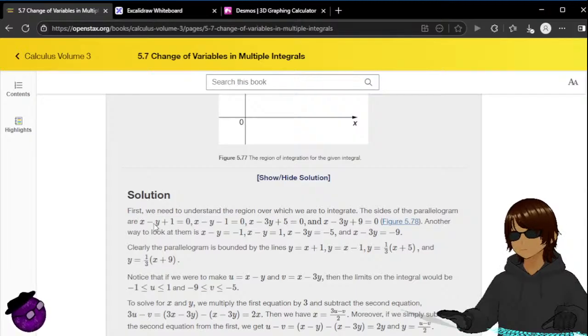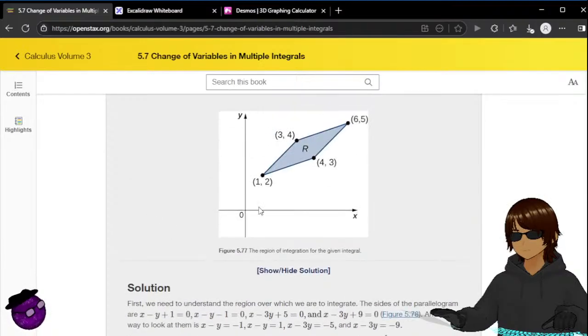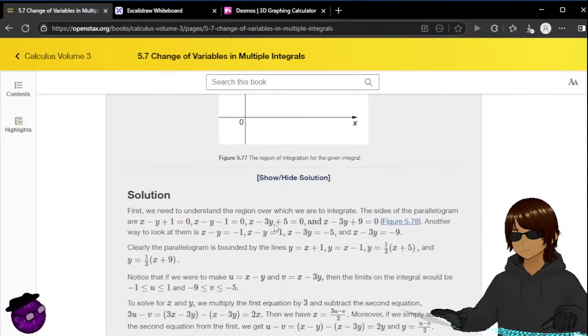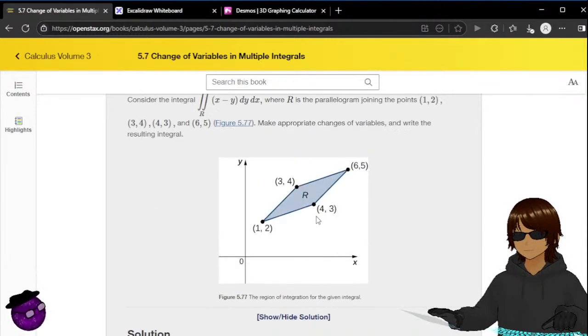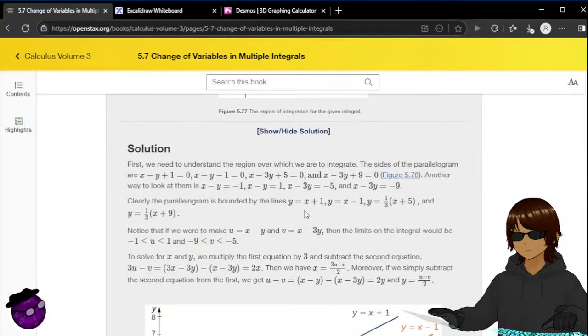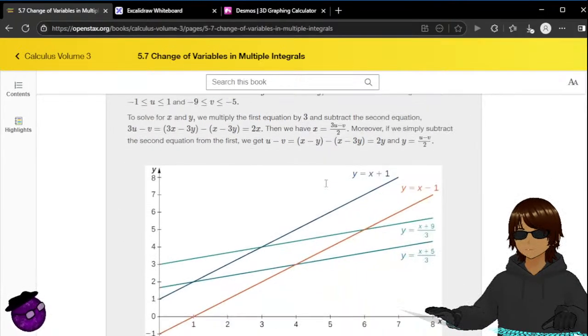No, minus 1 minus x maybe. Okay, we have these four equations. Another way to look at them is this. Clearly, the parallelogram is bounded by these lines. So then what are these equations?